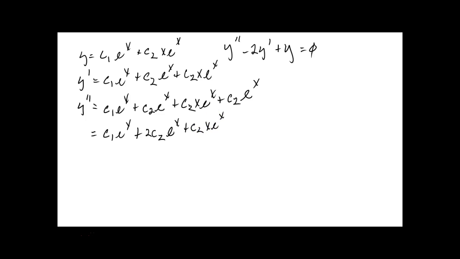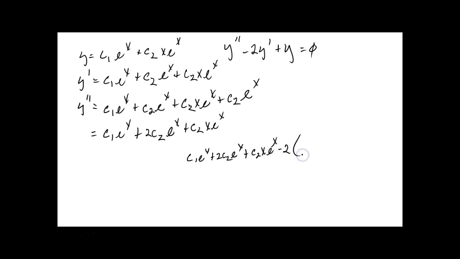Now let's plug in to our equation the y double prime. That's this thing I just wrote down. That would be C1 e to the x plus 2C2 e to the x plus C2 x e to the x. That's the y double prime part.